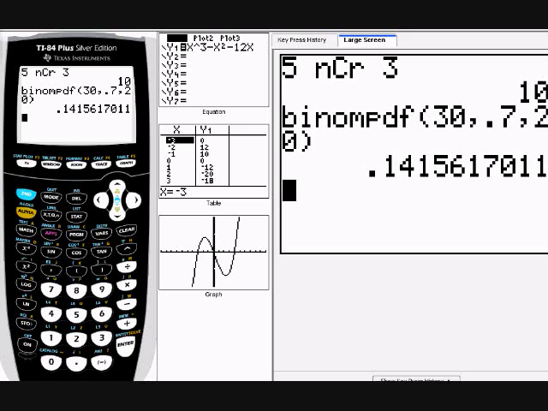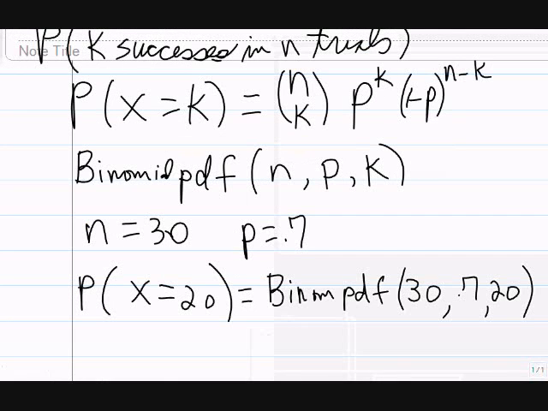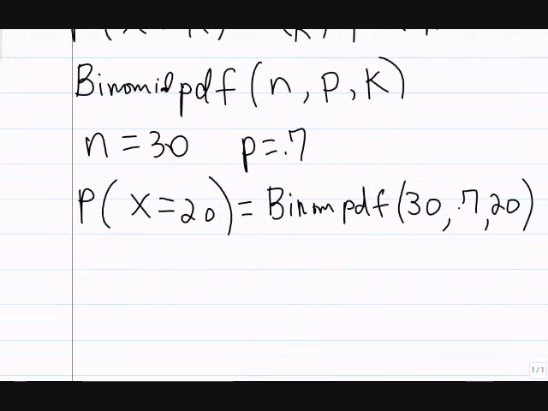Yes, it only gives the discrete, exactly 20. Now we're going to do the cumulative density function. This is used if I want to find the probability that x is, let's say, less than or equal to 20.